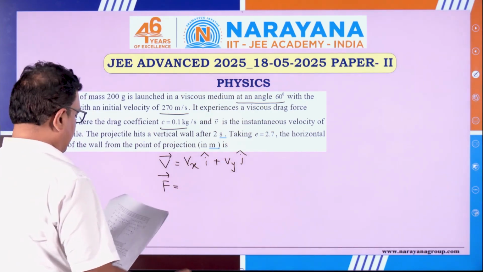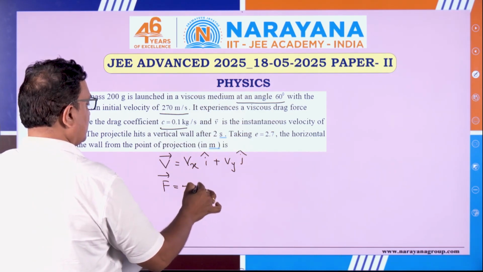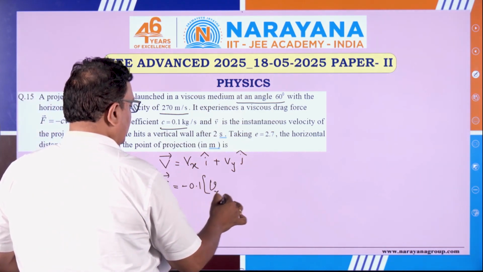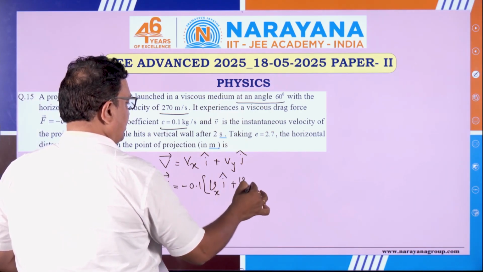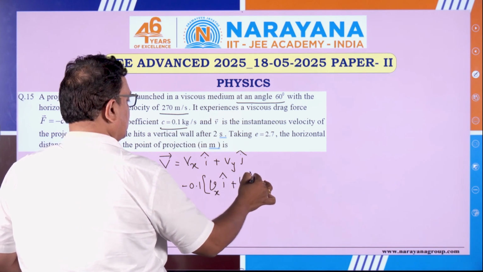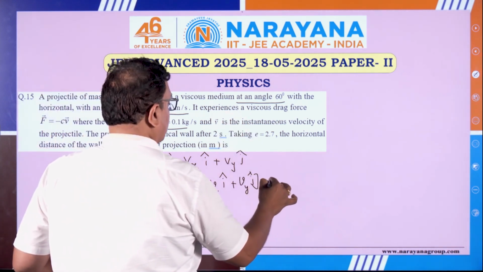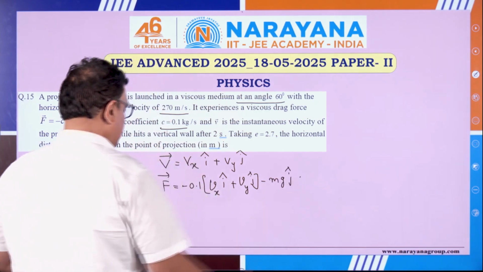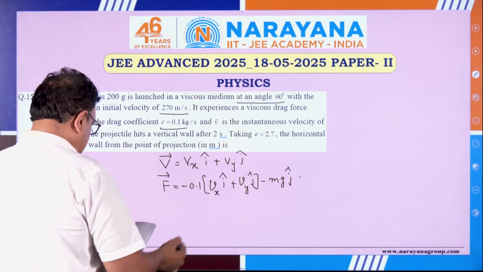F bar in that case is C, which is 0.1, times Vx i cap plus Vy j cap. And not only that, this is not the only force, you will have weight also in the picture. This is the net force, and from this I will get acceleration also.